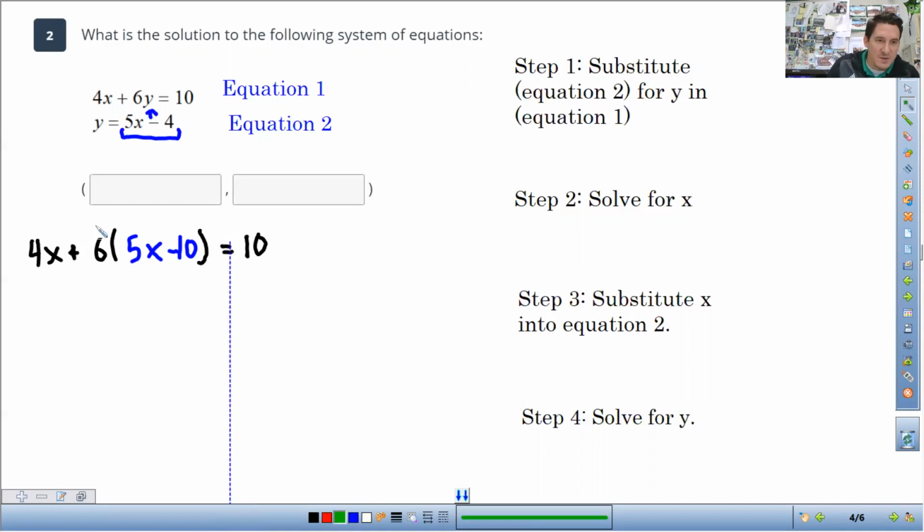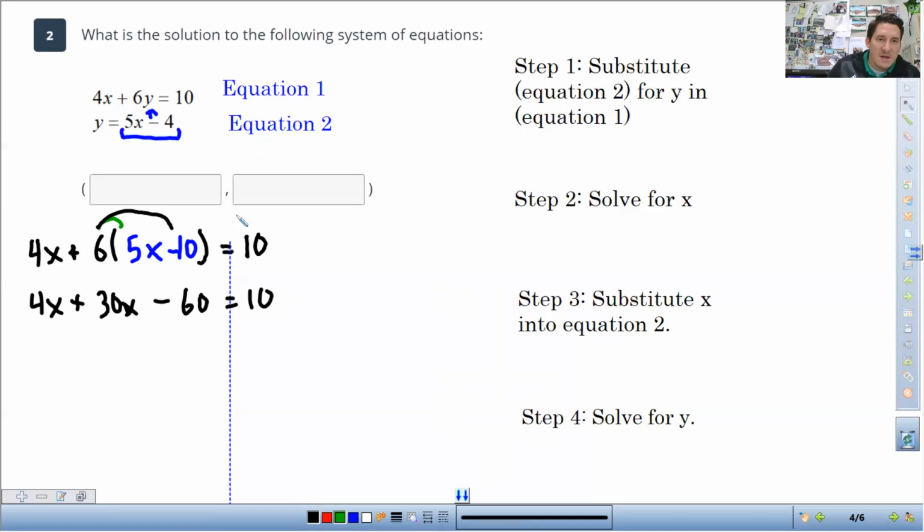So first thing I'm going to do is distribute the 6. So 6 times 5x is 30x. Bring down the minus, and then it's 6 times 10 is 60, equal to 10. 4x plus 30x.